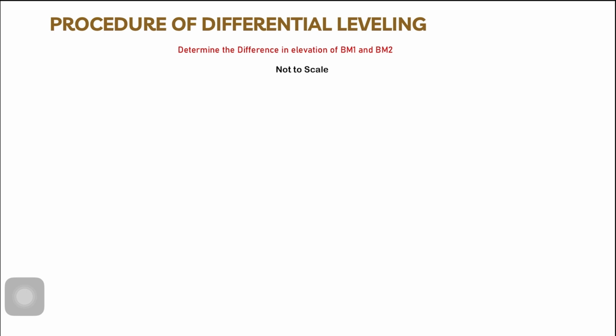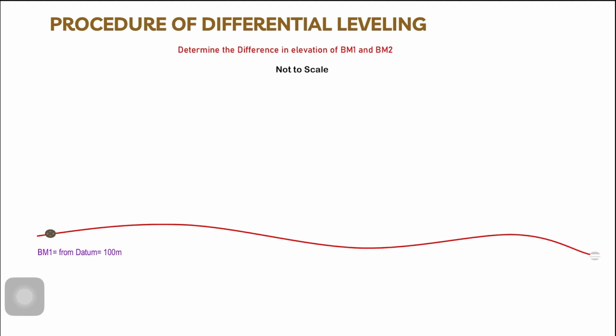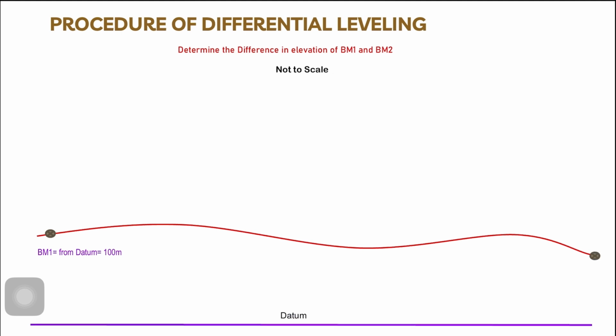So let's move on to the procedure of differential leveling. The goal of differential leveling is to determine the difference in elevation between two benchmarks, BM1 and BM2.